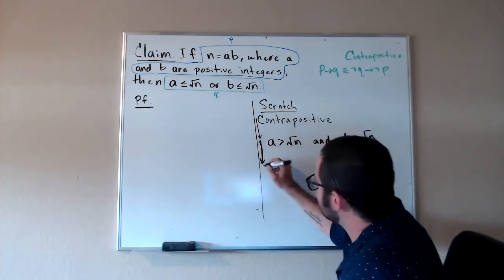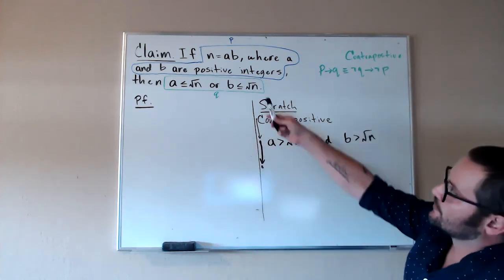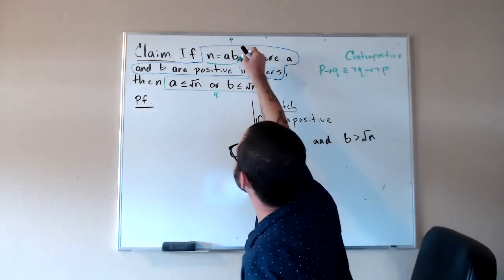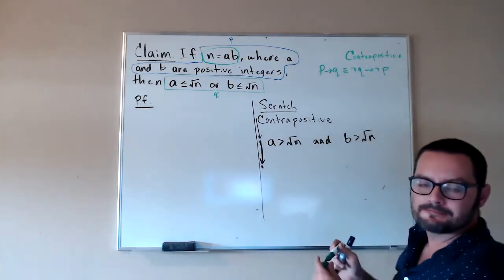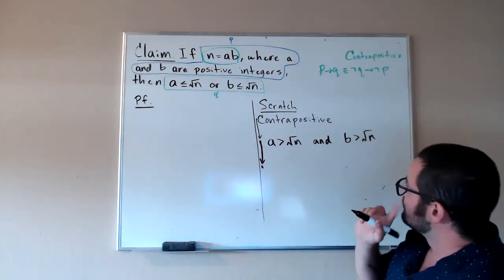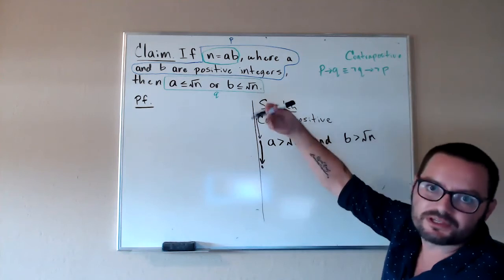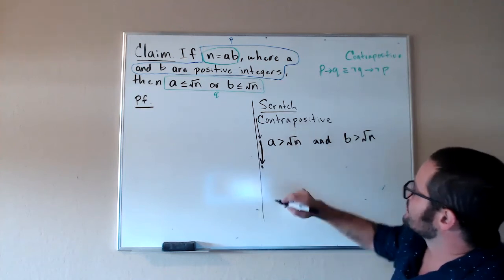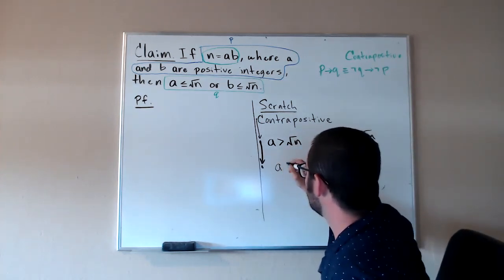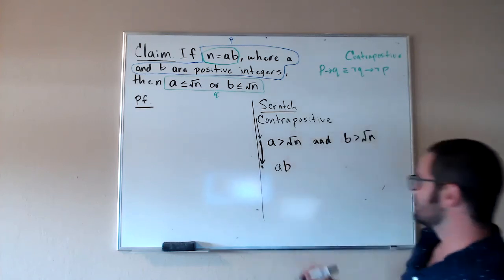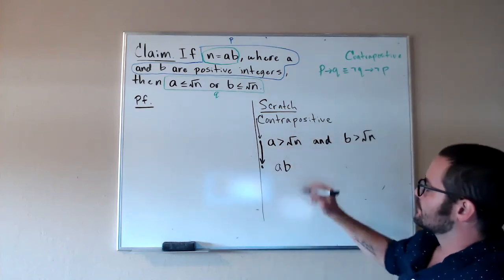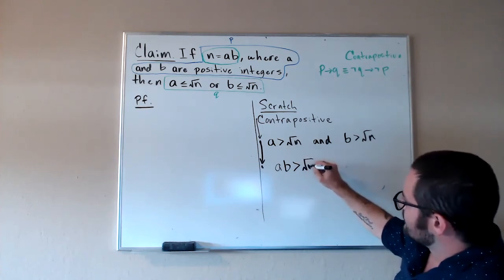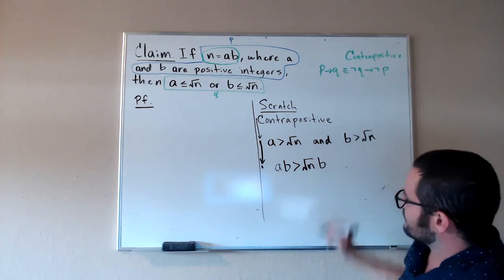So now, we want to look at the hypothesis here, in particular, this right there. And we want to show that that's not true. We're negating P, so we want to show not Q implies not P. So then I can say, okay, well, a times b, right? If a is greater than root n, then a times b is greater than root n times b, right?